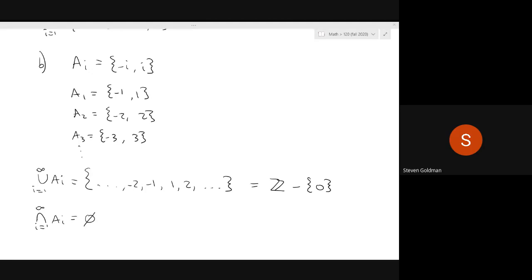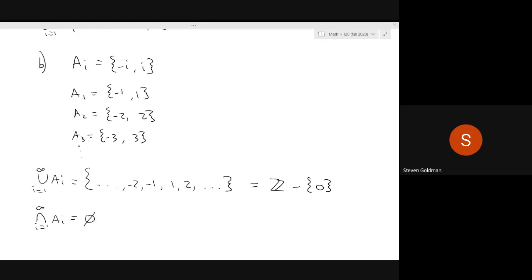Somebody asked for C and D as well. C and D deal with intervals. I'm not going to really ask you about intervals on a test, so I'll leave that for now. I don't want to spend too much time on it.